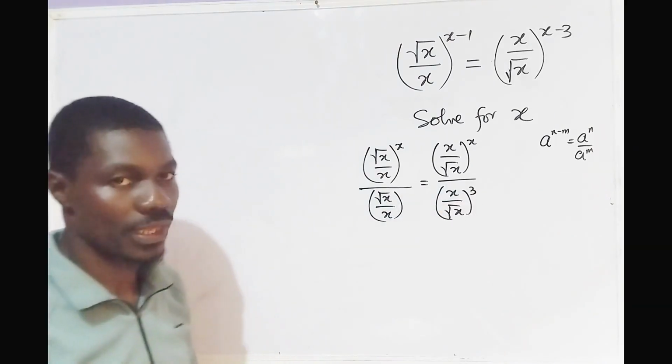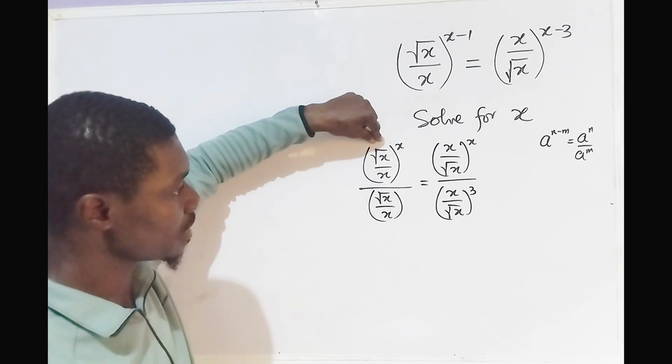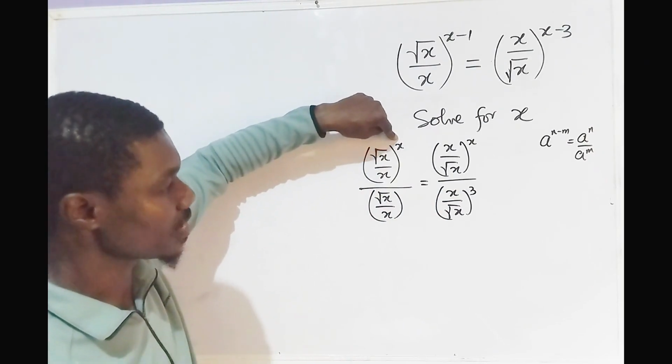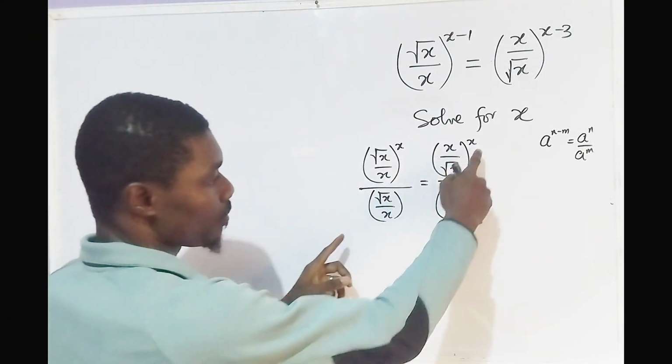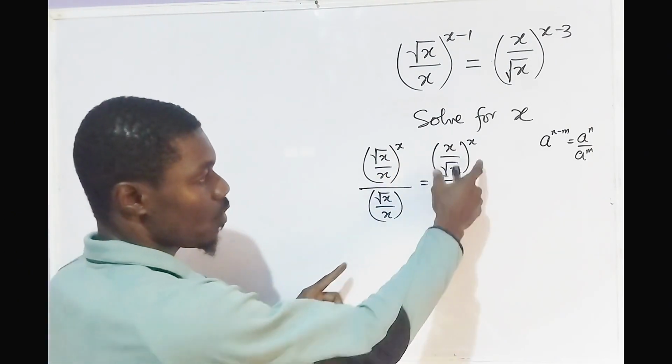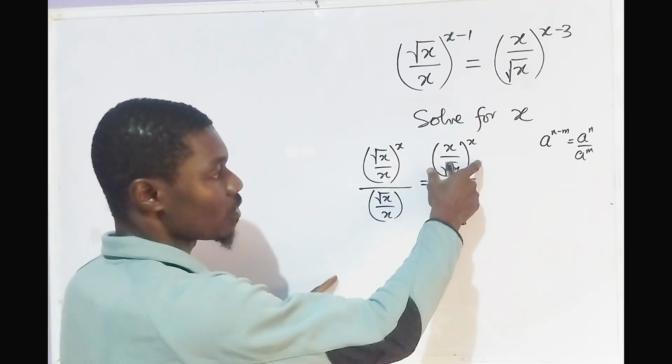3. Now you get to notice something: this base has an exponent of x and this base has an exponent of x. So if we switch, this one comes over to this side and this one moves over to this side.